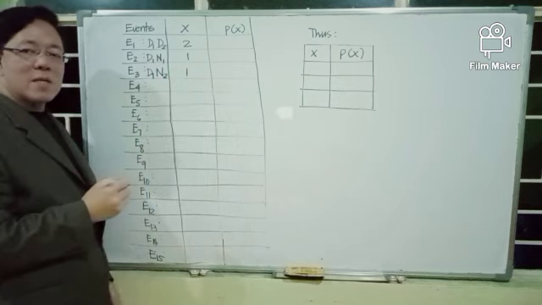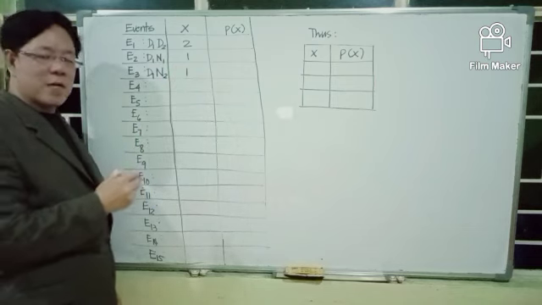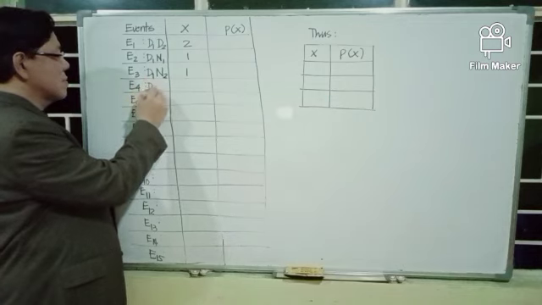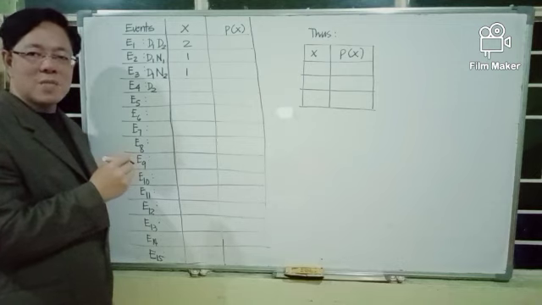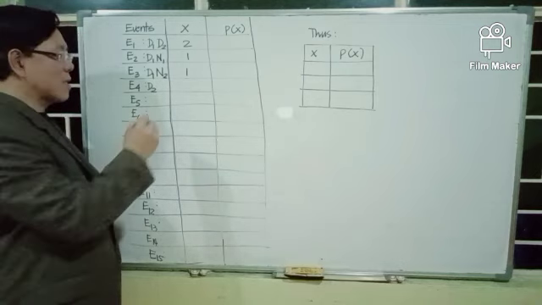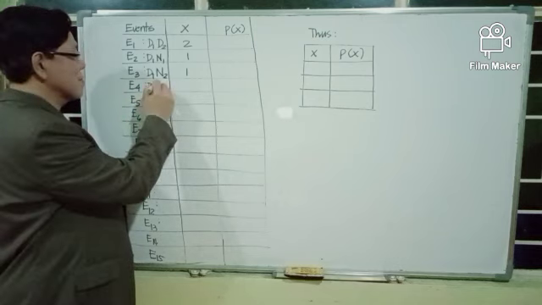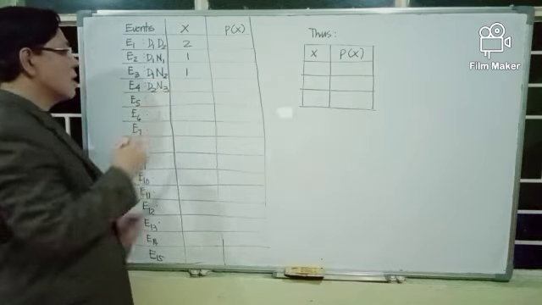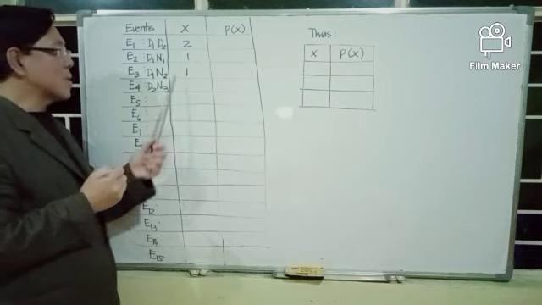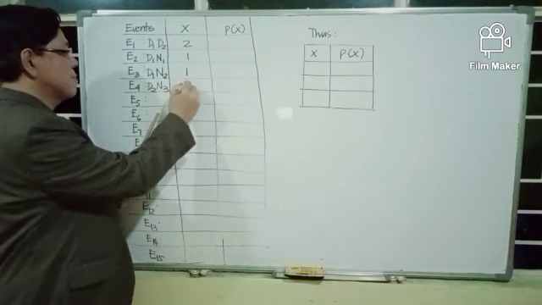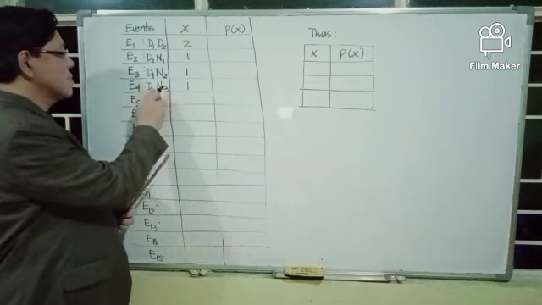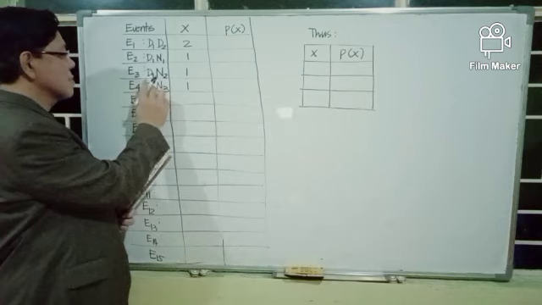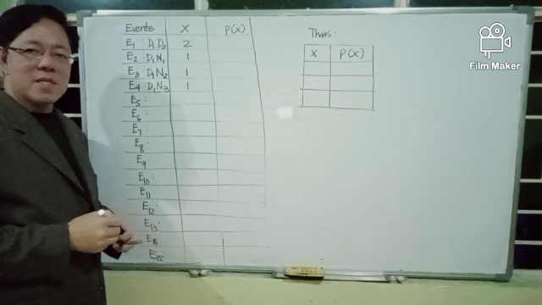Another possibility, the customer selected the first defective item and the third non-defective item, denoted by N3. For this event, the value of x is 1. There is 1 defective item, the first defective item.